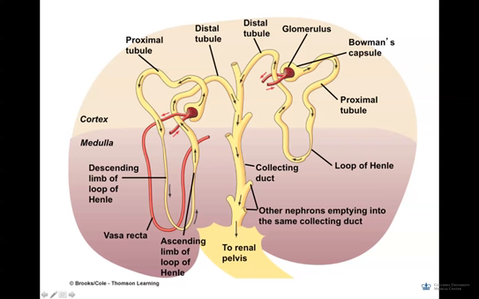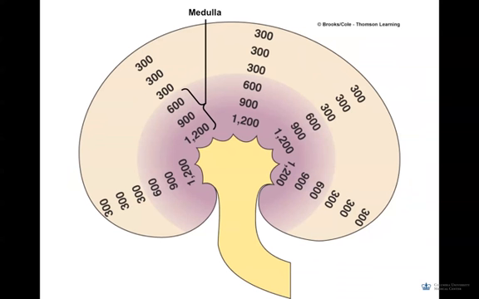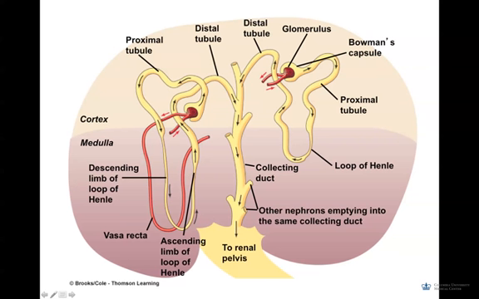The long loops of Henle are responsible for establishing, for creating this osmotic gradient in the medulla. Those juxtamedullary nephrons with their really, really long loops of Henle are the ones actually creating and maintaining this osmotic gradient in the renal medulla.